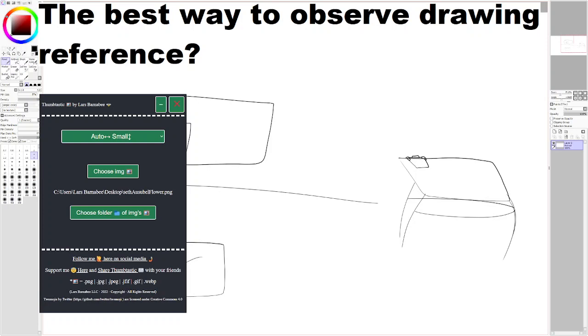gives you a lot more time to draw the parts that you want to draw, rather than having to hold it in your mind. Because I feel more often than not, trying to hold a lot of information in your mind before drawing it is a recipe for disaster, in which the things you draw are not going to be the reality.